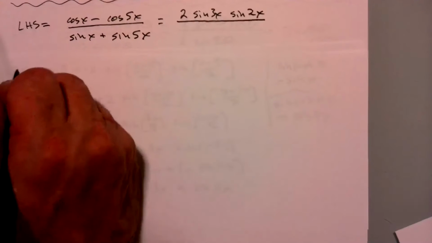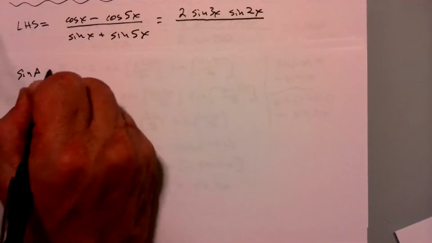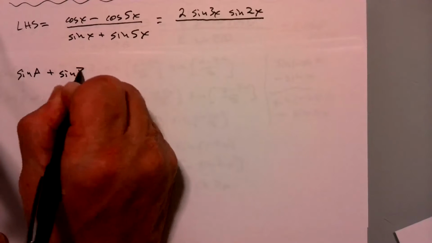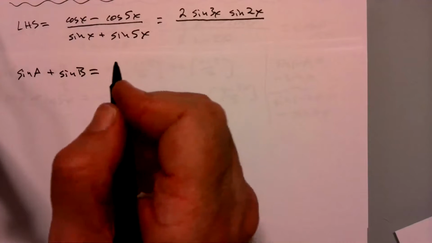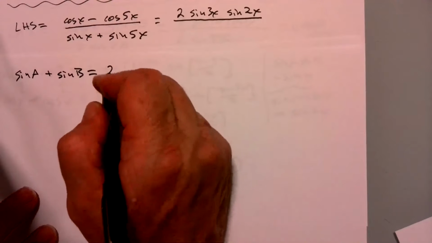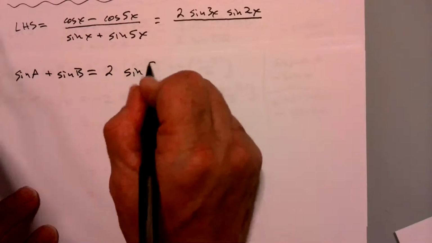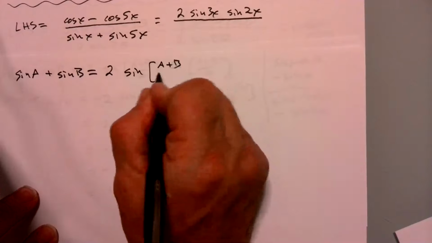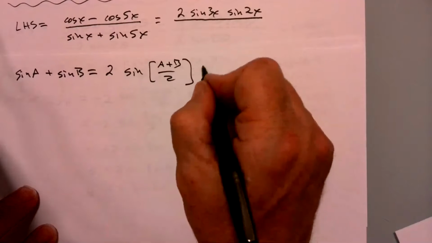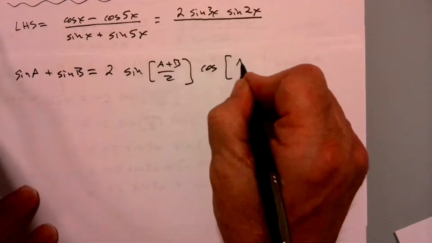All right, so I'm going to need to write down my sine A plus sine B stuff. So sine A plus sine B is 2 sine A plus B over 2 times cosine A minus B over 2.